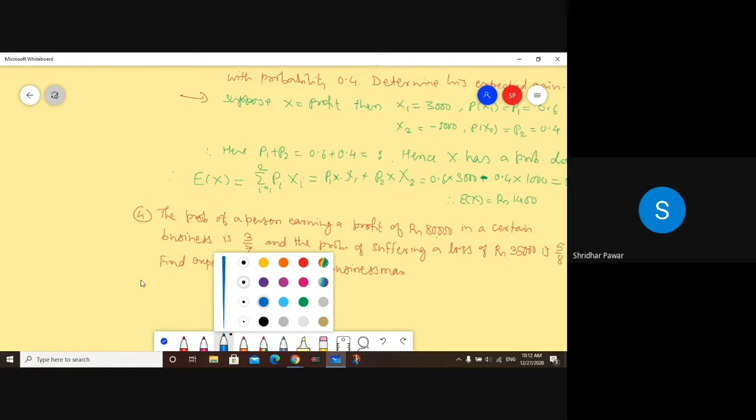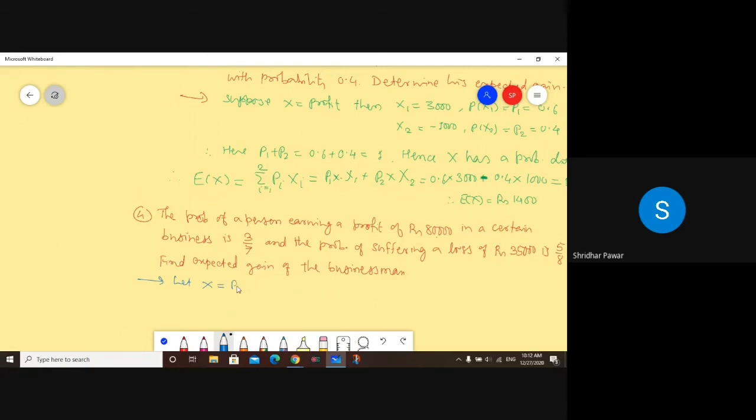Okay, so see the answer. Let x be the profit. Okay, then what is x1? What is the first profit? 80,000. आणि तो होण्याचं probability काय आहे? P of x1, म्हणजेच P1. Yes, it is 3/7.